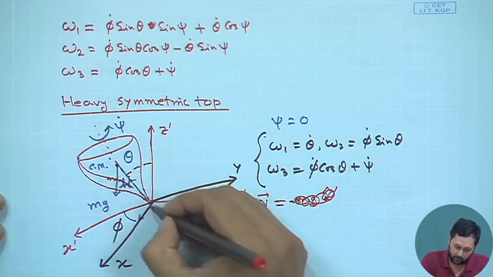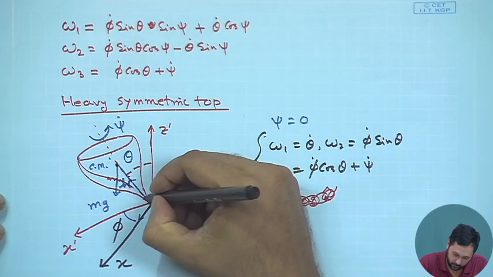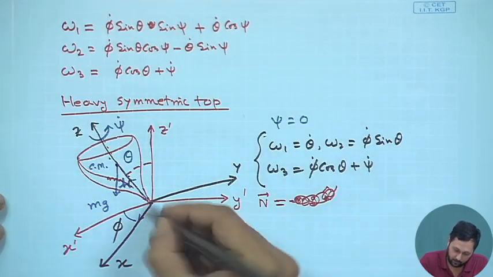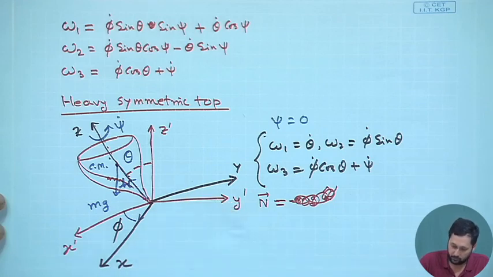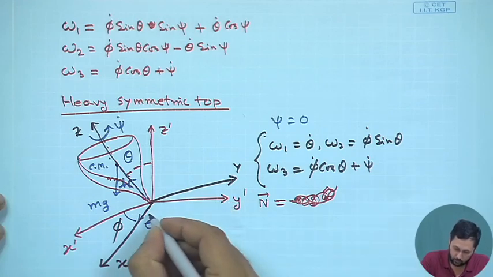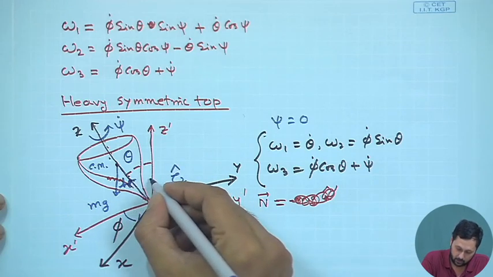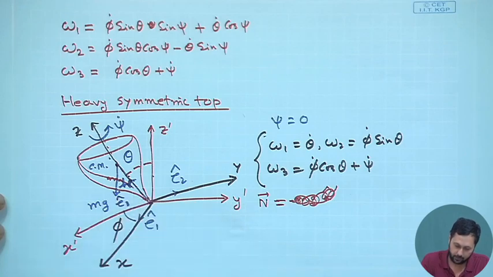So, r is along the body z, which we also have not marked, okay. So, this will be our z axis, and let us call the three unit vectors E1 capped, E2 capped and E3 capped, right.